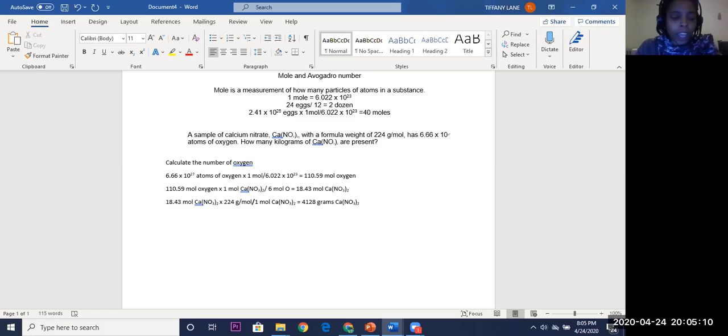So if you take 4,128 grams of calcium nitrate, and we know that for 1 kilogram there are 1,000 grams, we want our ending unit at the top.